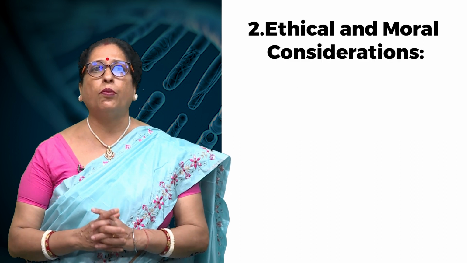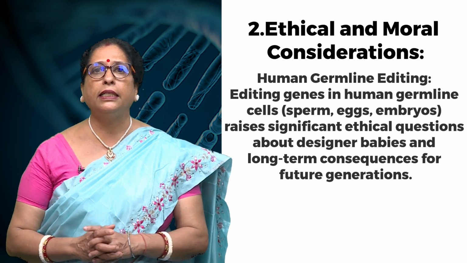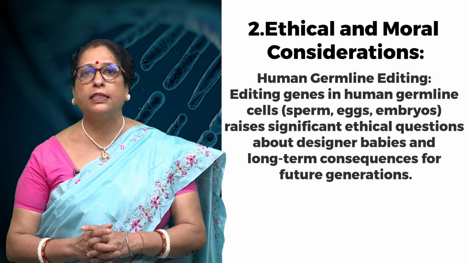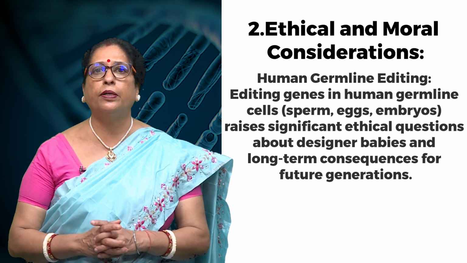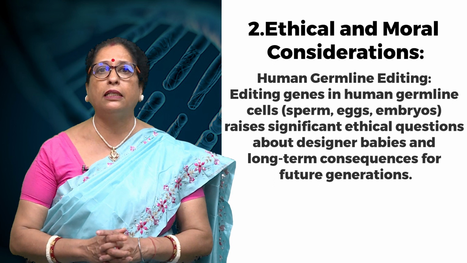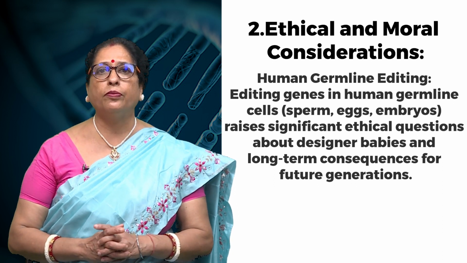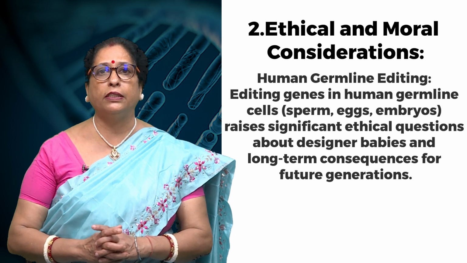Ethical and moral considerations. Human germline editing, editing genes in human germline cells, for example sperm, eggs or embryos, raises significant ethical questions about designer babies and long-term consequences for future generations.